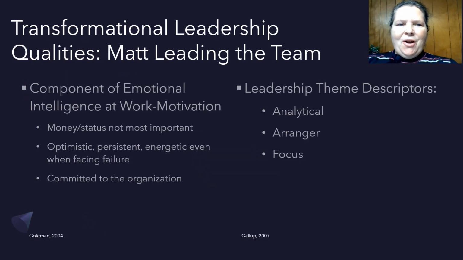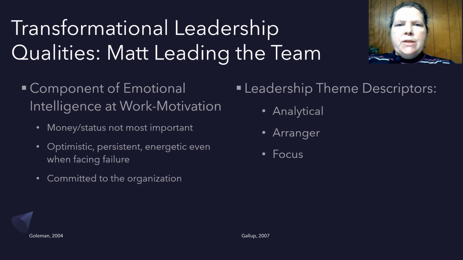Matt has thus far created a plan to manage this crisis. The unit has been overwhelmed with MRSA. So, what leadership qualities does Matt need to be successful?